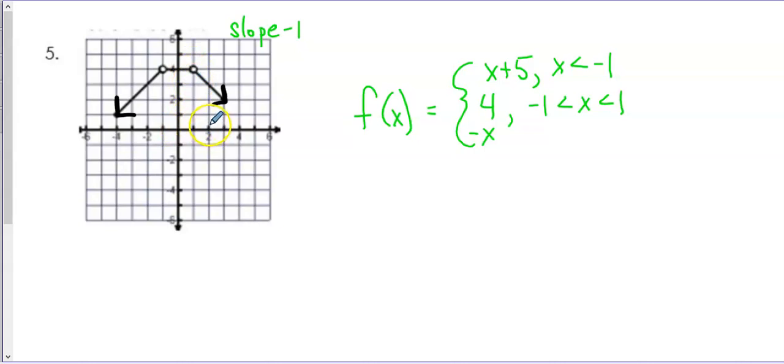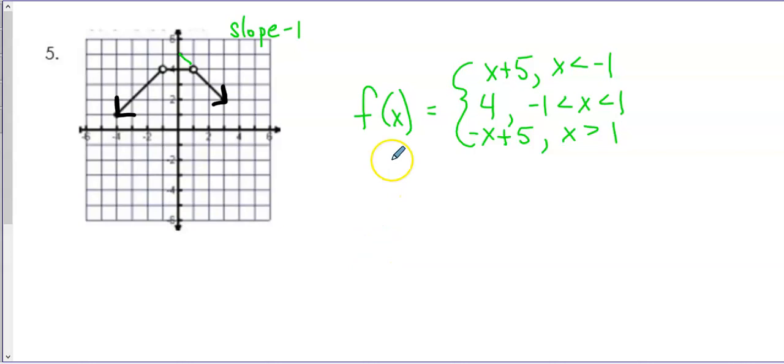At 2, the graph is 3. And it looks like my y-intercept would have been at 5 also, because the slope, it just goes like that. So it would have gone through 5. So it looks like this one is negative x plus 5. And this would be where x is greater than 1.